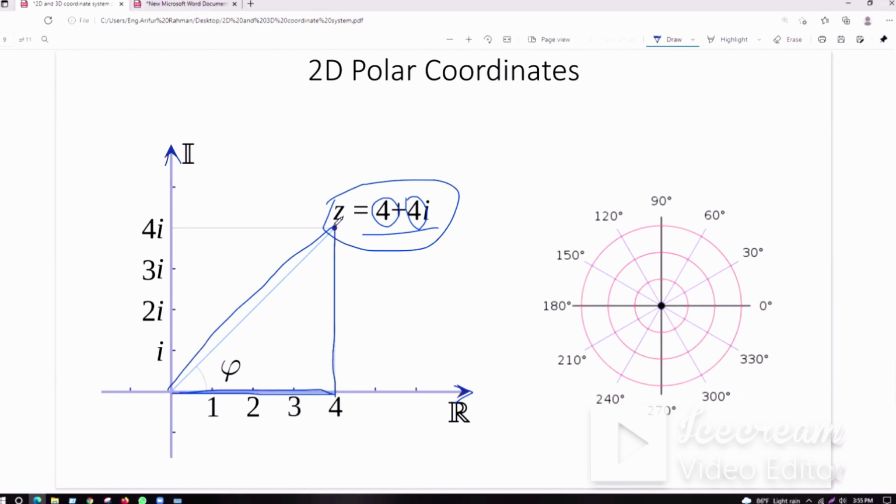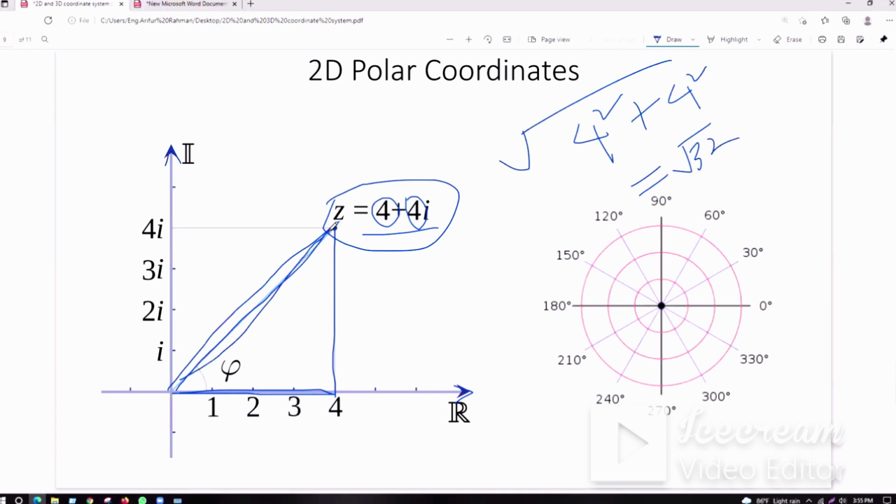Clearly, this distance is going to be the square root of 4 squared plus 4 squared, that means square root of 32. That's the modulus of the point. And what's the argument here? If you find this angle, that would be the argument.